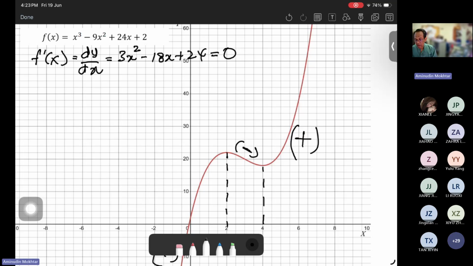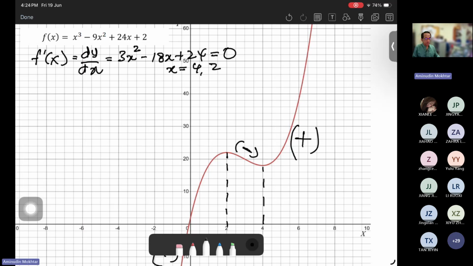That's the example. You can use your calculator, or you can apply the quadratic method, and the answer is x equals 4 and 2. Sorry, 2 and 4. What does it mean?